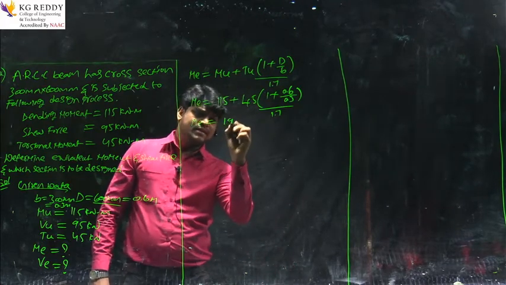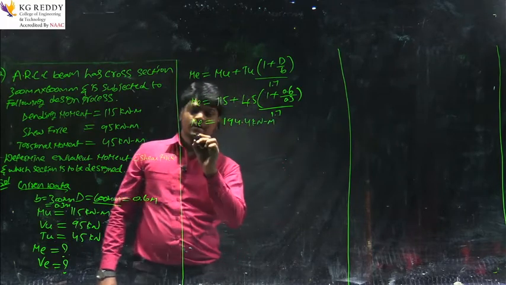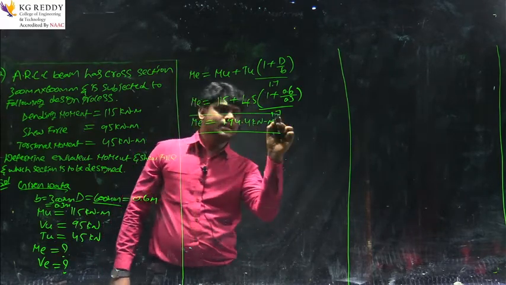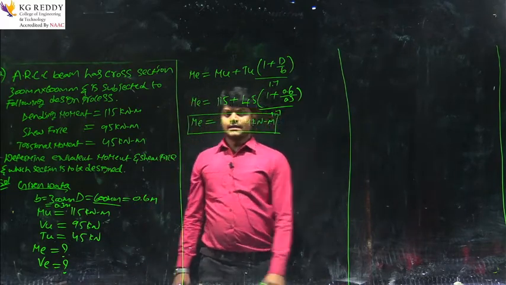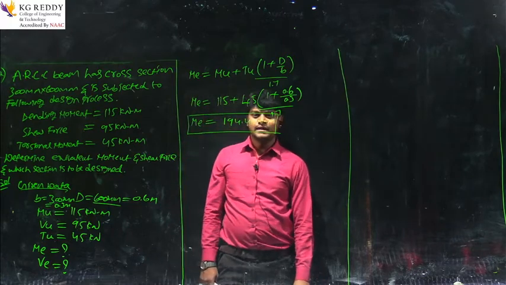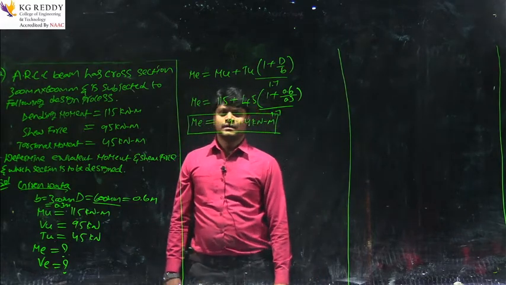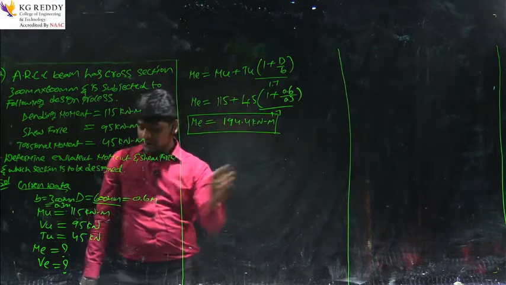In my calculation I am getting 194.4 kilonewton meter as the equivalent moment. Is it clear? Please check the value. Equivalent moment is 194.4 kilonewton meter. Is it correct? Yes. Okay.